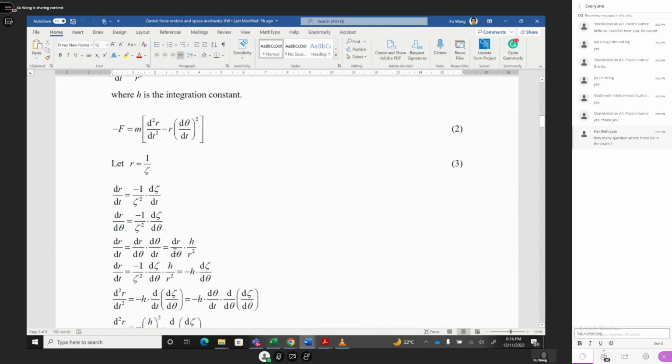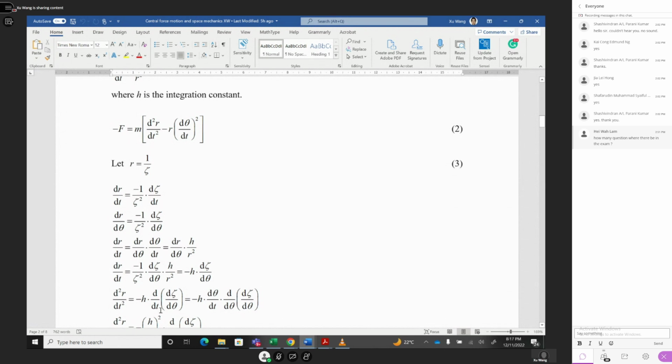Replace this one here, and then you get this one. Because here dr/dθ equal to this one, put here, and then you get this one. And r times this one cancel. That's why you get minus h d cos ψ/dθ.